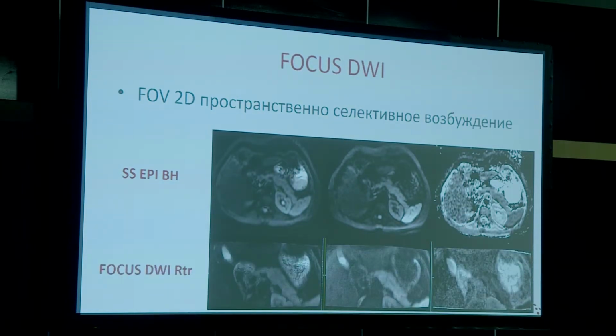And a novel technique in order to avoid this is focus diffusion. This is a technique that uses two-dimensionally spatially selective excitation. That's why you have this rectangular field of view. And besides, you can achieve a much higher spatial resolution and higher signal-to-noise.